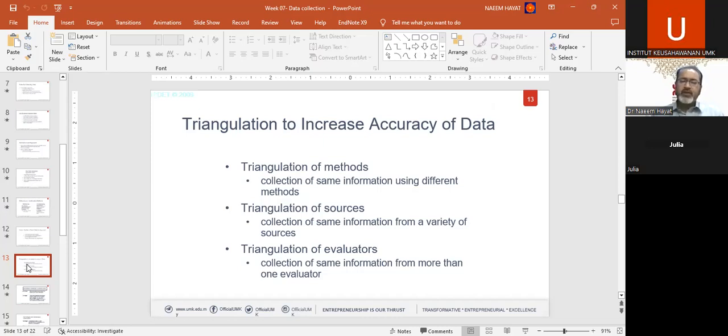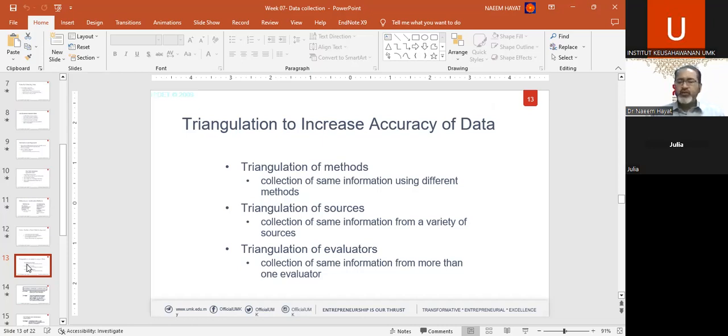Triangulation of method means we must apply more than one method to collect data. Like when we have data from a survey, we can have data from a structured interview as well. Maybe some people give survey responses and a few of them are interviewed. So this is triangulation of method.